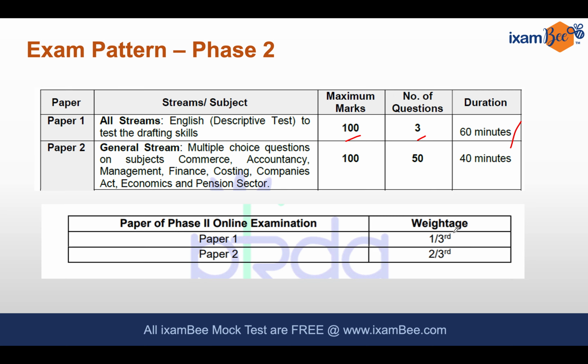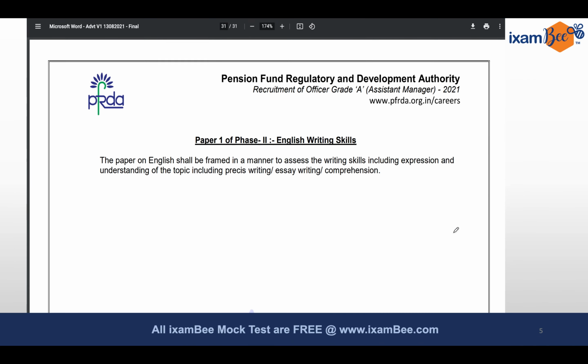So again, we have the weightage here, that's 1/3. Now this is very important. This picture sort of summarizes the outline of the syllabus, right? So what will be assessed? Writing skills, expression, understanding of the topic, and our syllabus is mentioned, so we're going to have precis writing, essay writing, and comprehension.